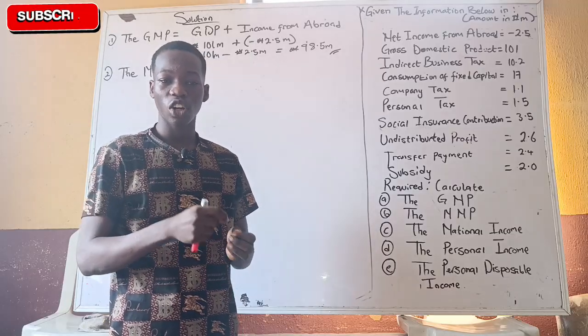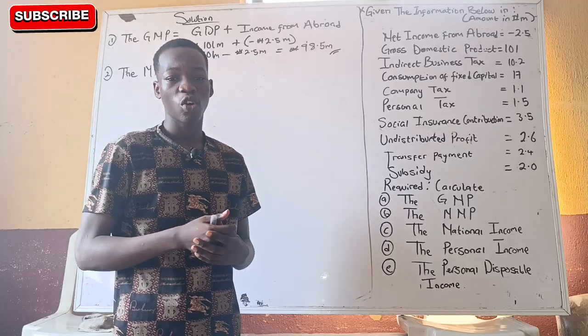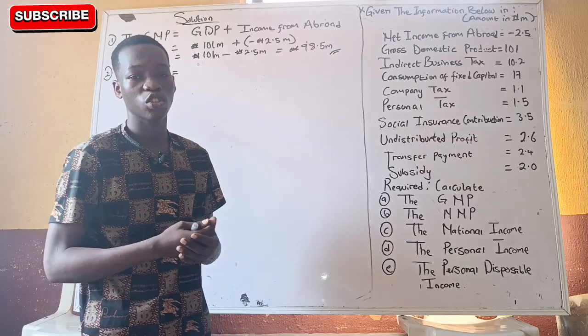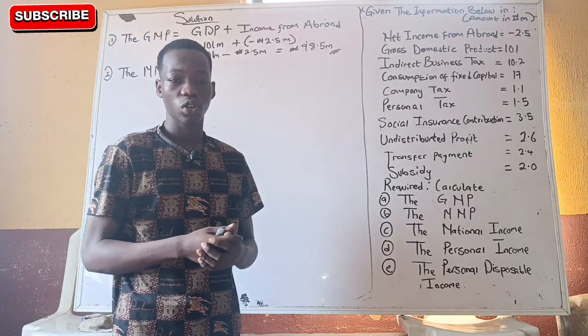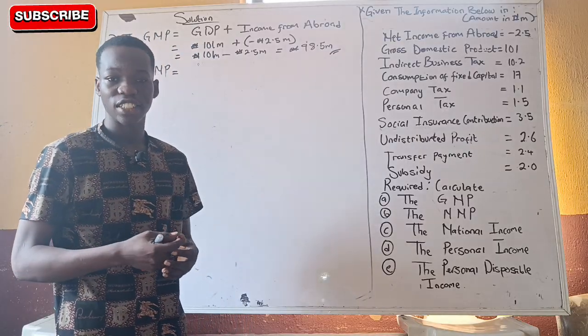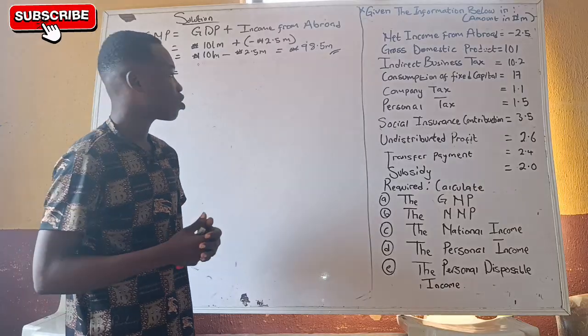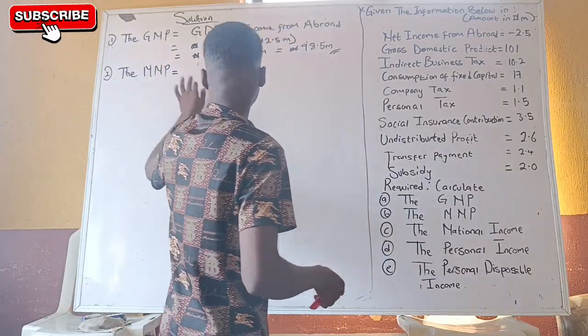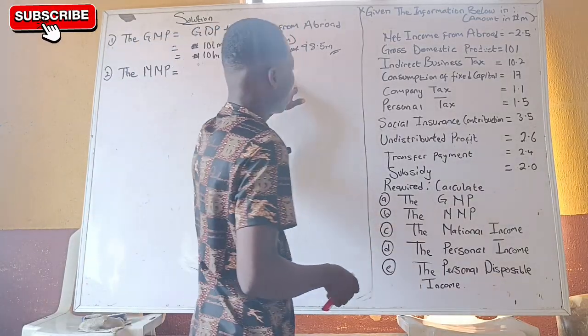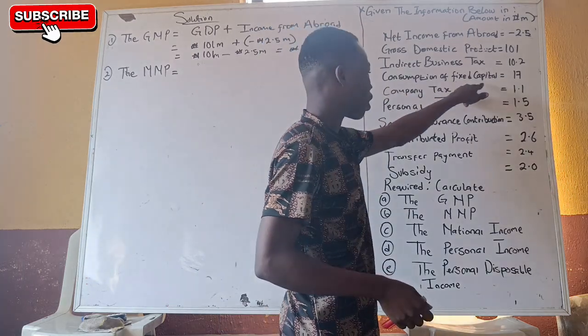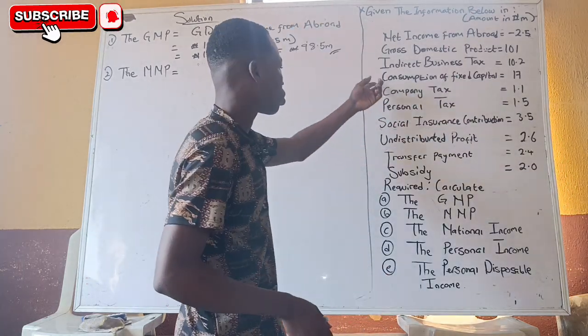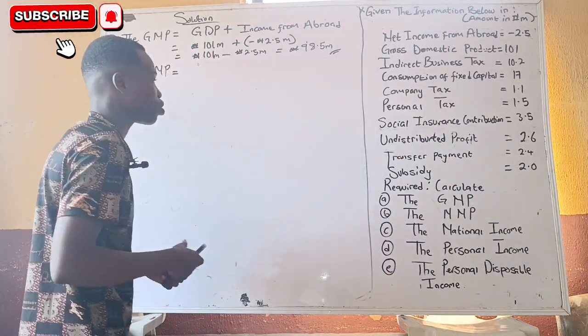That is the gross national product minus or less depreciation, which is also known as consumption of capital assets. So let's look at the given information. We have gotten our GNP, right? We are given consumption of fixed capital, which is also known as depreciation.